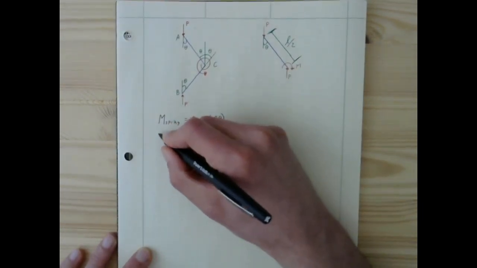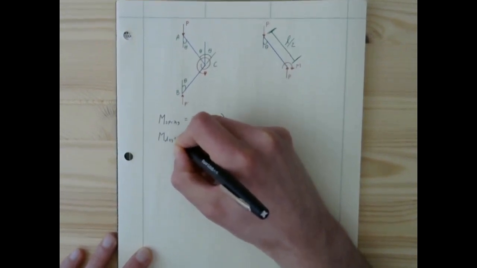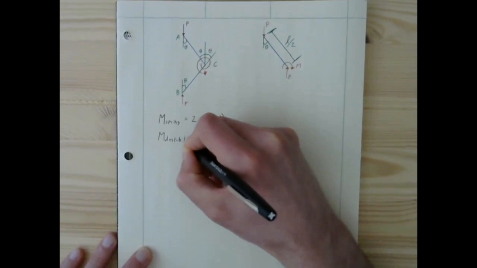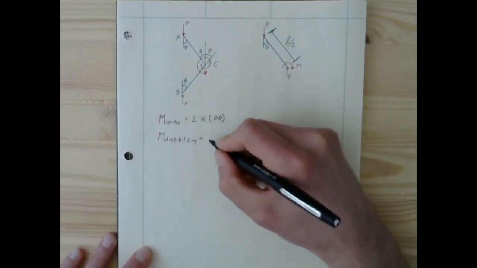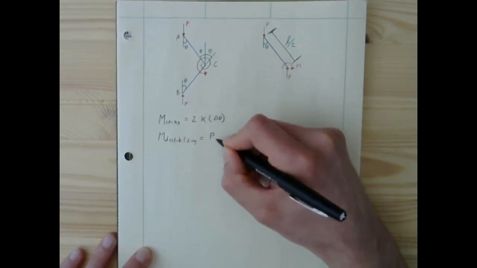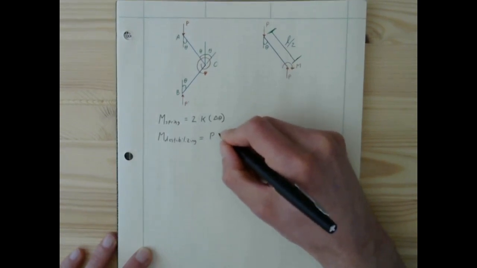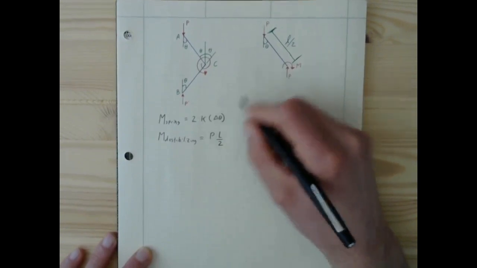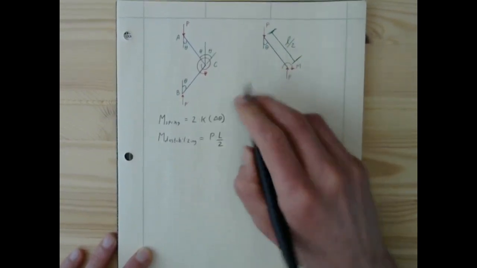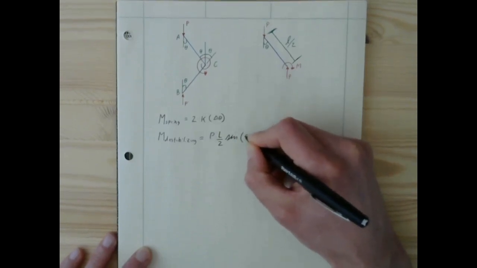That is going to be equal to, and I'm going to call it the destabilizing moment, the force P times 1/2 of the length times, it's just this distance, right? So 1/2 the length times the sine of whatever this angle theta is.